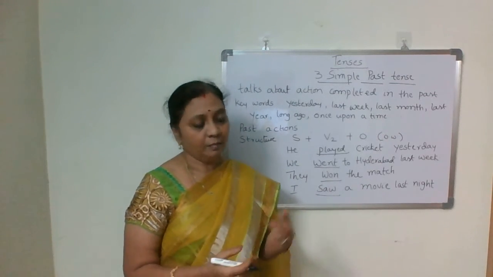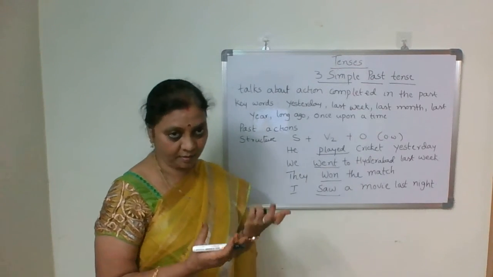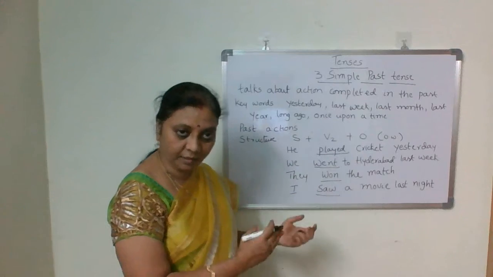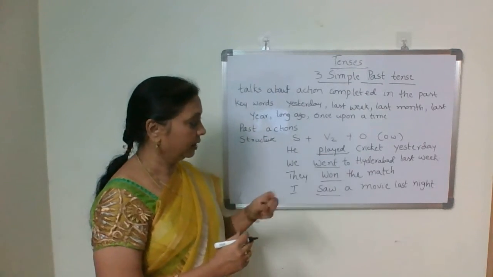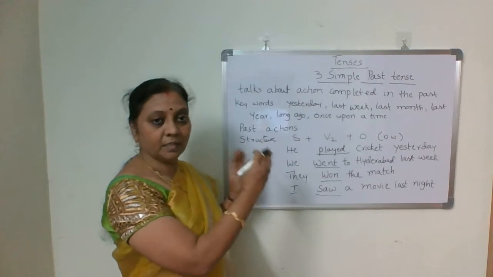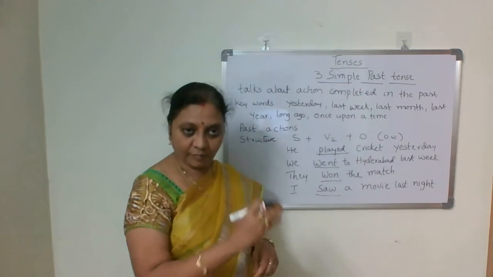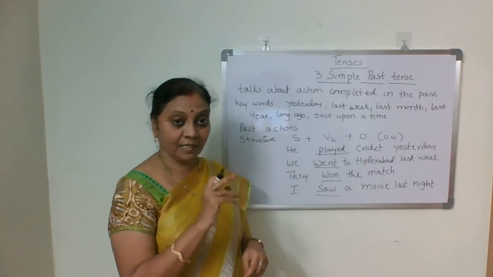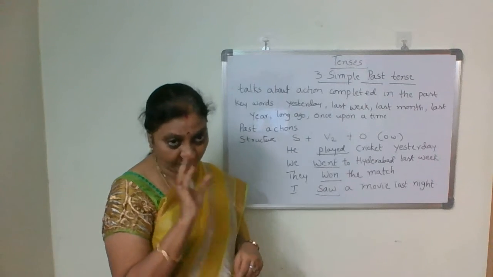You can frame five to ten sentences using this structure: subject, V2 plus object or any other words. By doing that, you get simple past tense. In simple present, we say I sing a song, or if it is he, she, it, it sings.